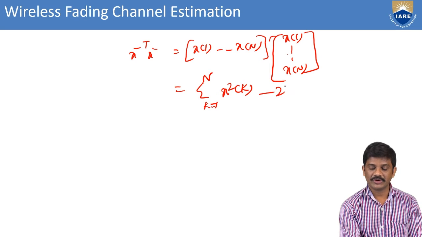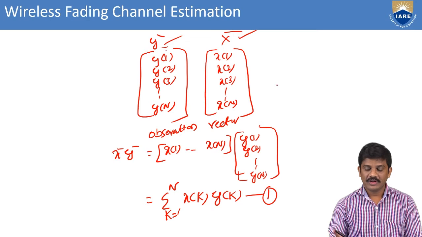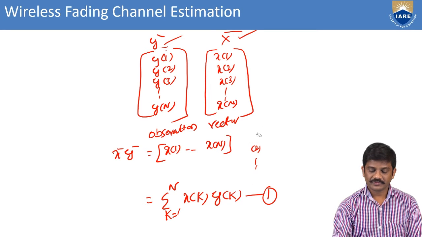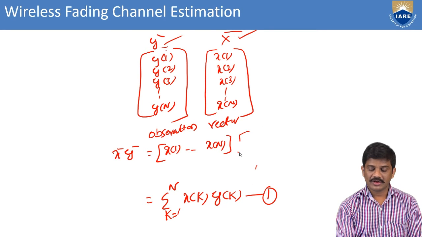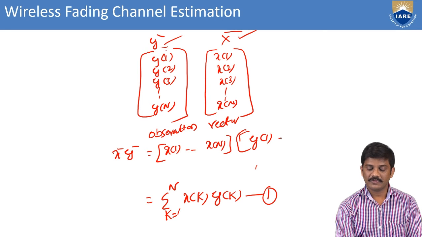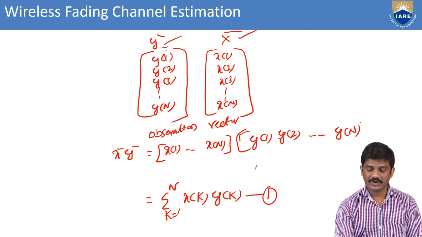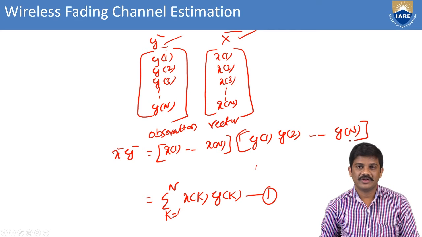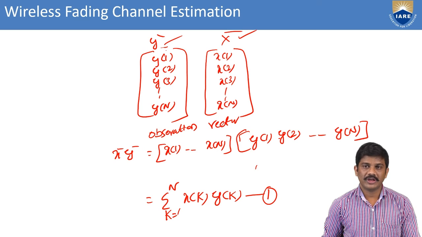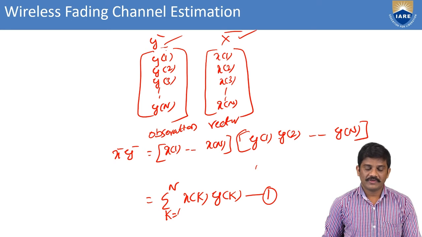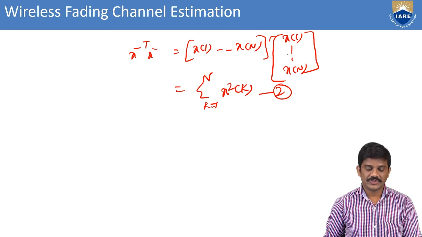This is equation number 2. In the previous one we considered y of 1, y of 2, and so on, y of n, giving summation of k equal to 1 to n, x of k y of k.